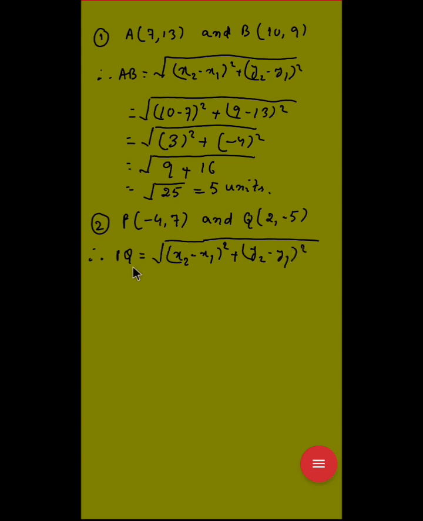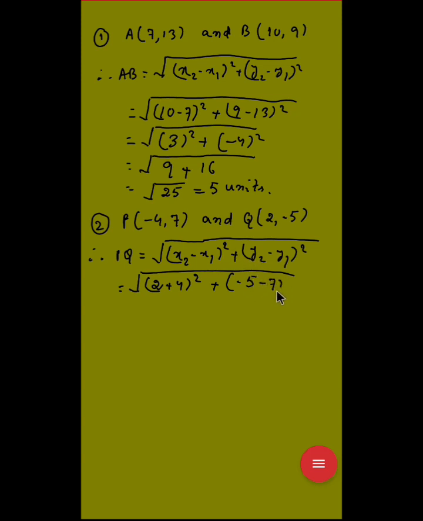Again we are doing the calculation correctly and putting all the things in the right place, so we have to get the right answer. So 2 minus of minus 4, already we are having a minus sign over here. As we know by the rules of integers, minus minus gives the plus value, so we write 2 plus 4 whole square, plus again y2 minus y1, where y2 is minus 5 and y1 is 7.